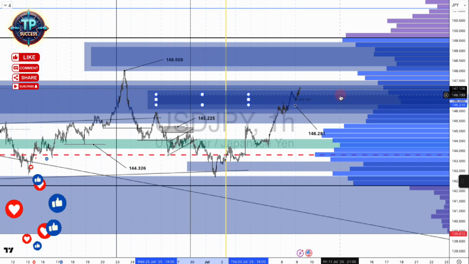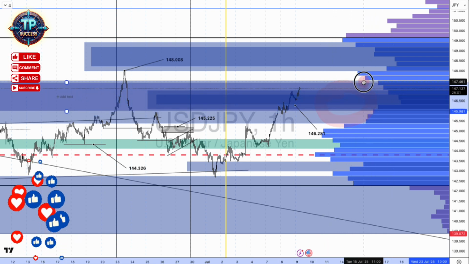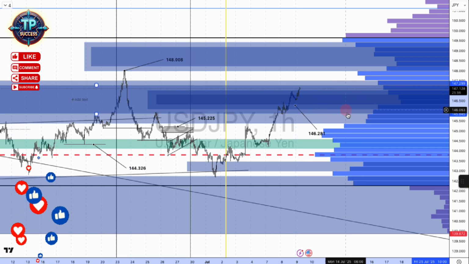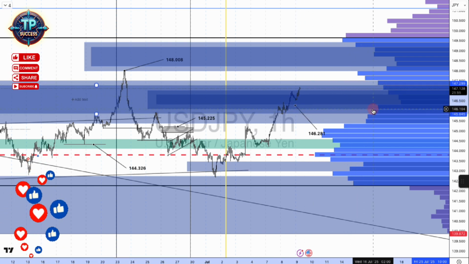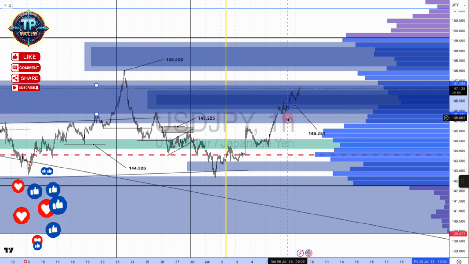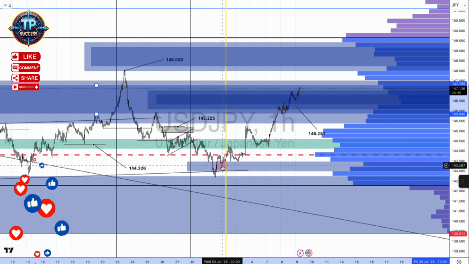In this area over here, we can see it's blasted its way all the way through it. So this low value node cannot stop what's happening. It cannot stop what the market wants to do. So the market is basically blasting all the way through. We have another one right here.